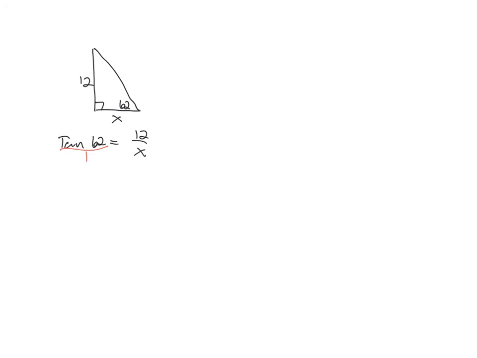You get tangent of 62 times x, and then 12 times 1 is 12. To solve for x, remember, the tangent is just a decimal, a number. I'm going to divide by that number.